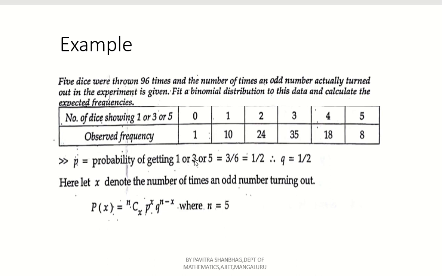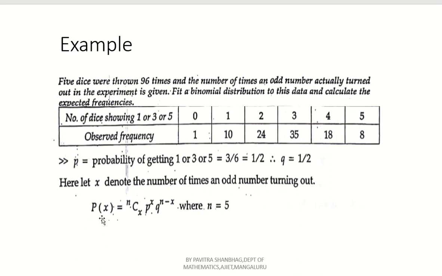So 1 by 6 plus 1 by 6 plus 1 by 6, only this possibility for the die. Now 3 by 6, that means P equal to half, and Q also half. Now let X represent the number of times an odd number turns out.